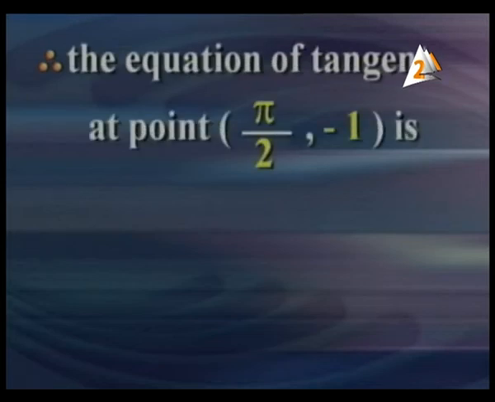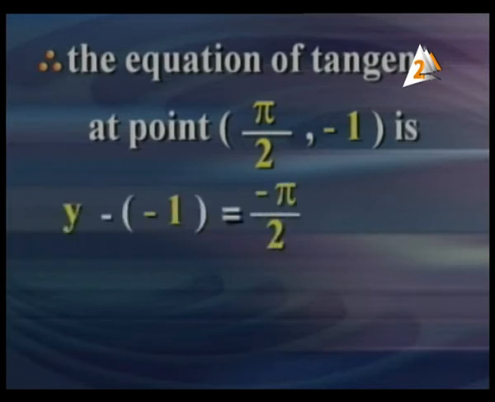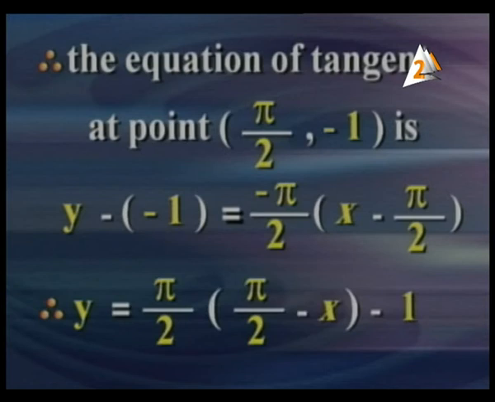After that, the equation of the tangent at the point pi over 2 and negative 1 becomes y minus negative 1 equals the slope negative pi over 2 multiplied by x minus pi over 2. Therefore, y equals negative pi over 2 multiplied by x minus pi over 2, minus 1.